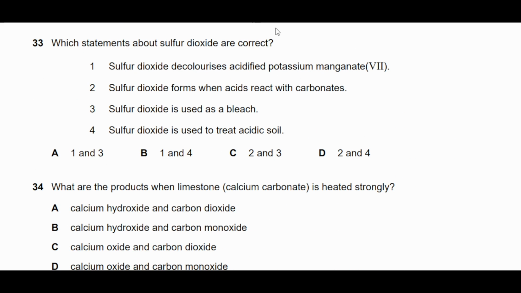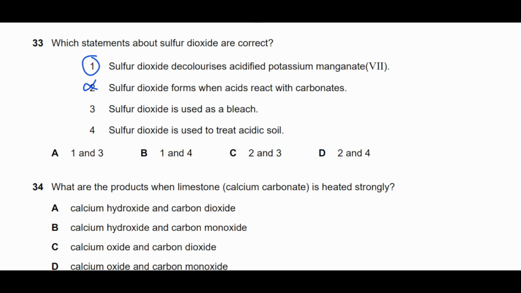33. Which statements about sulfur dioxide are correct? Sulfur dioxide decolorizes acidified potassium manganate 7. So this is correct because it will be oxidized by the acidified potassium manganate. Sulfur dioxide forms when acid reacts with carbonates. That's incorrect because when acids react with carbonates, it will form not sulfur dioxide, because sulfur dioxide will only form depending on what acid you use, right?